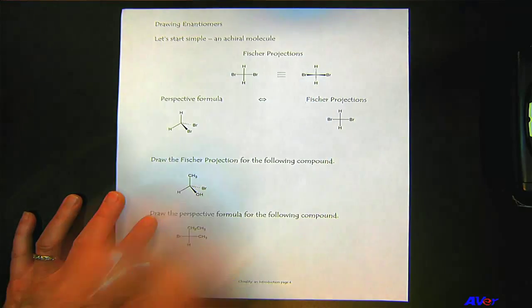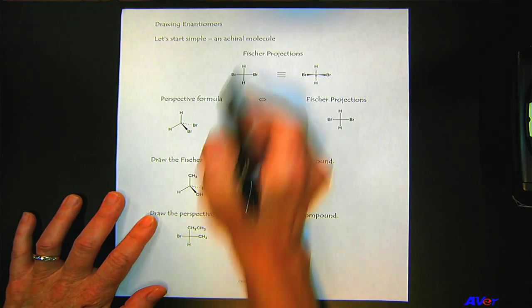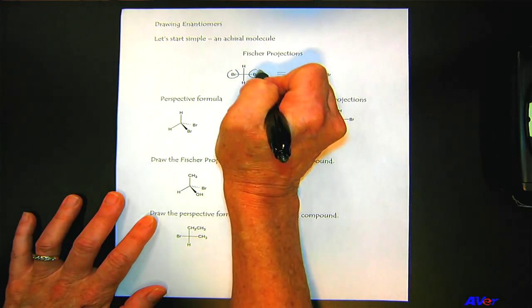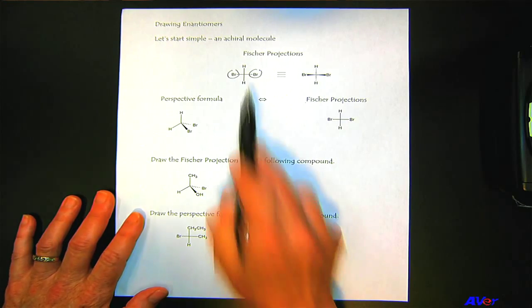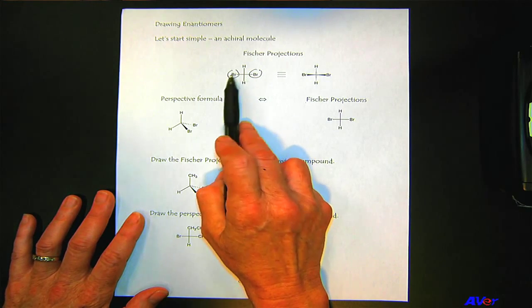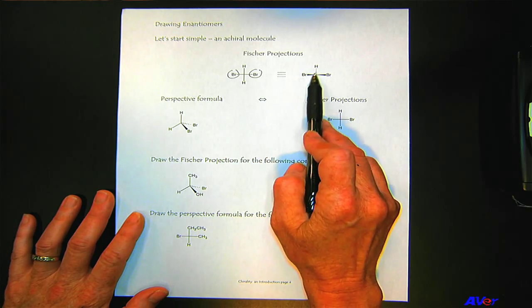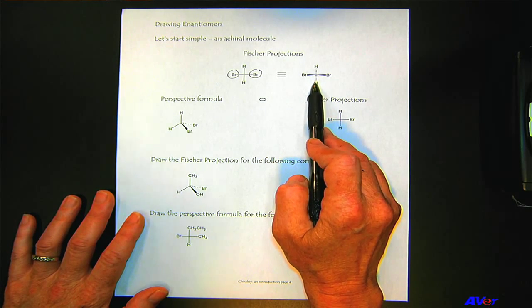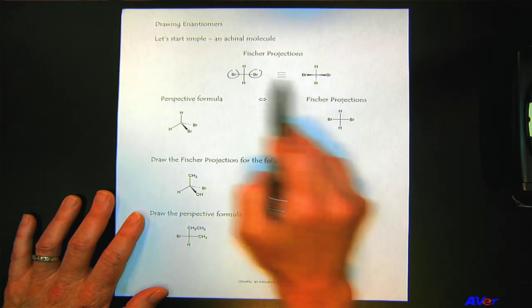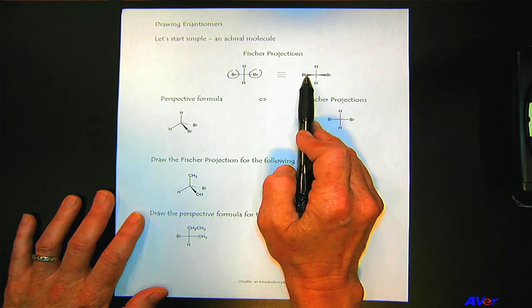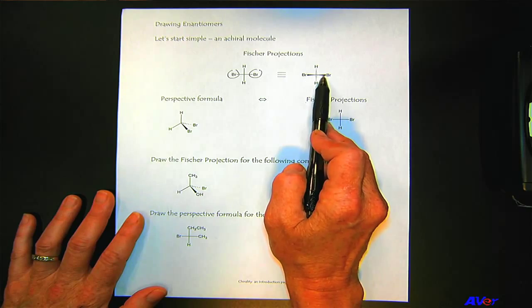So we'll start with an achiral molecule, with the matching bromines. And we can see here, from now on, whenever we see a molecule drawn in this fashion, the verticals are representing dashes, and the horizontals are representing wedges poking out.